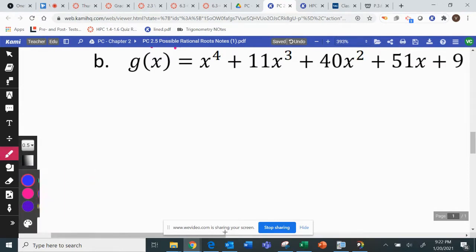So we're going to start with our p and our q. So 9, that's going to give me plus minus 1, plus minus 3, and plus minus 9. My q is just 1, so plus minus 1. So we're going to do plus minus p over q.